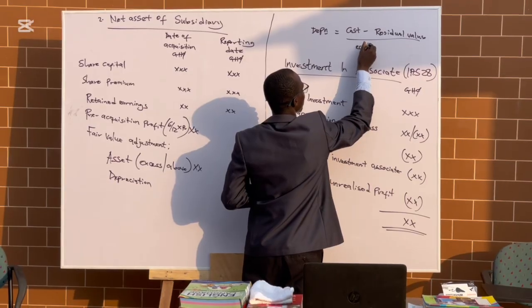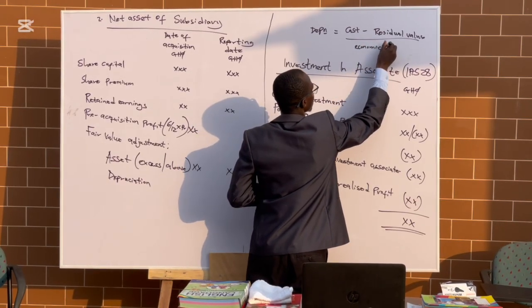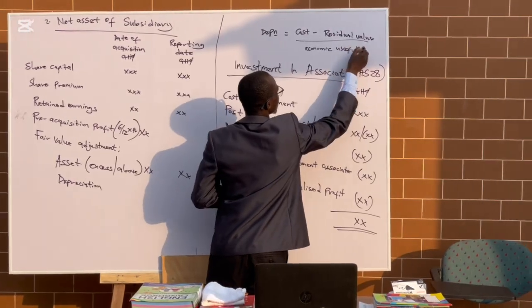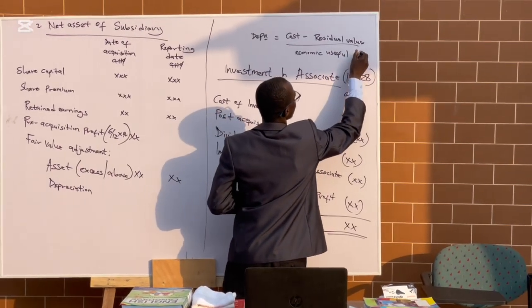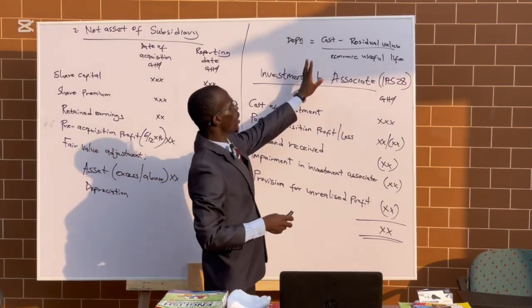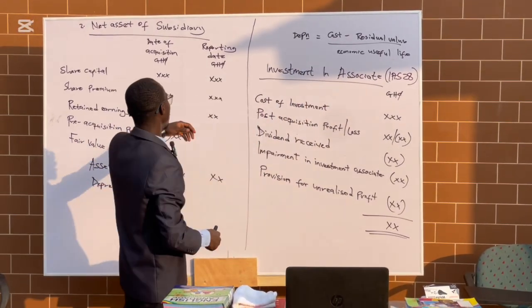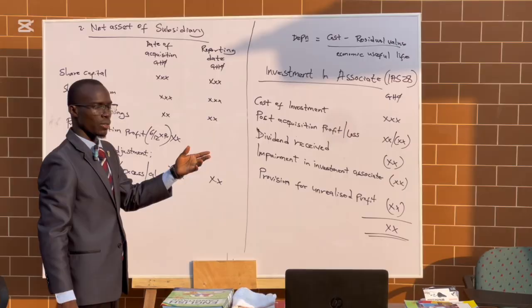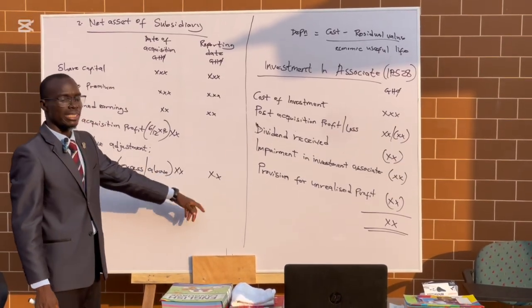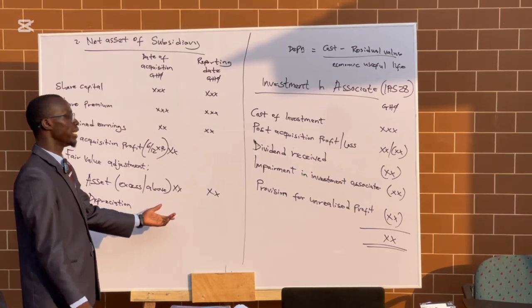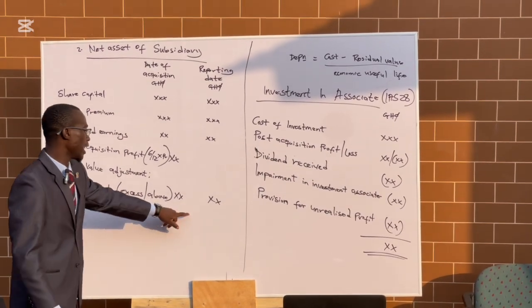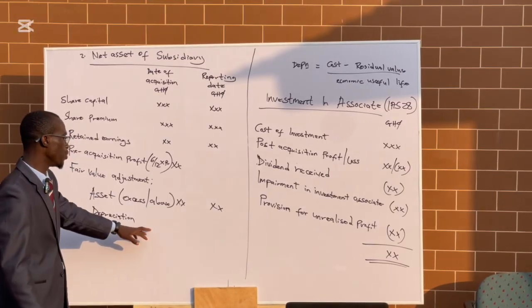So the moment you punch this on your calculator, you get your depreciation amount. So you bring your depreciation, but the depreciation is supposed to be done on this one. Let's say they tell you that the remaining life of the asset is 5 years. So you just divide this figure that you have brought here by 5 years. It will give you your depreciation.